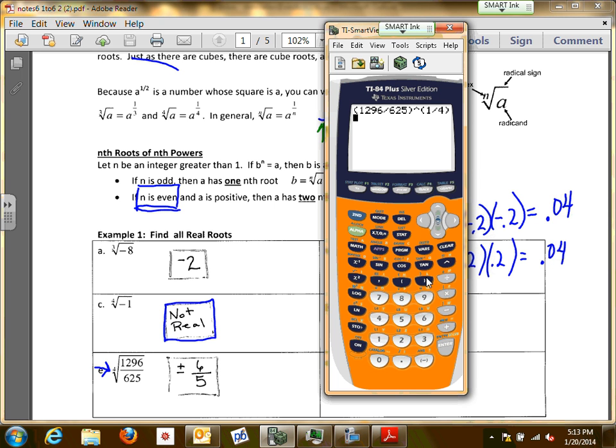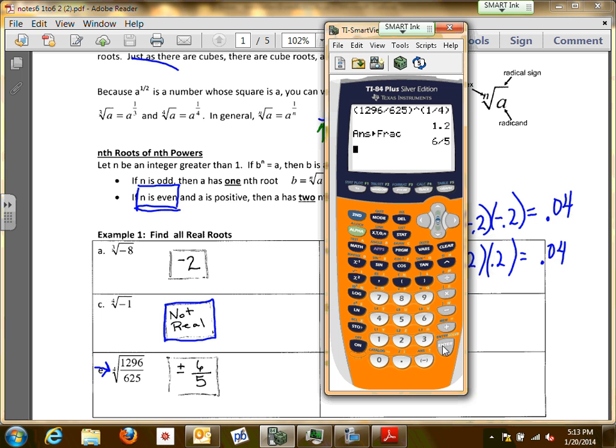How could you put to the 0.25? Yes, you could raise it to the decimal. So see, it gives me this in a decimal, and of course we want to leave these in fractions. So we're going to do math fraction, which I'm sure Ms. Grable has shown you, and we've got the positive and the negative version of the 6/5.